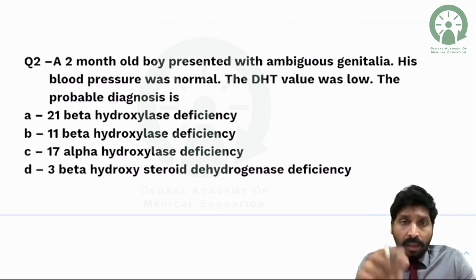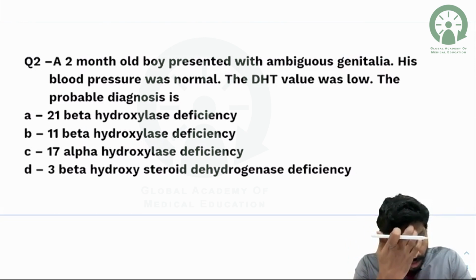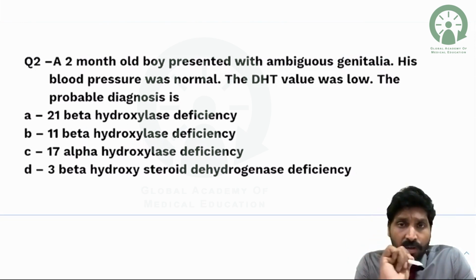So before going to the correct one, I'll be discussing a few of the key features of dihydroxy testosterone deficiency. So here the key features: blood pressure is normal and a boy.